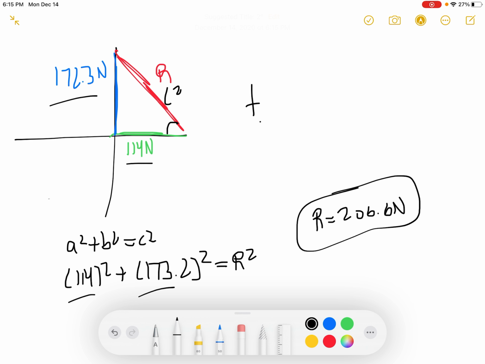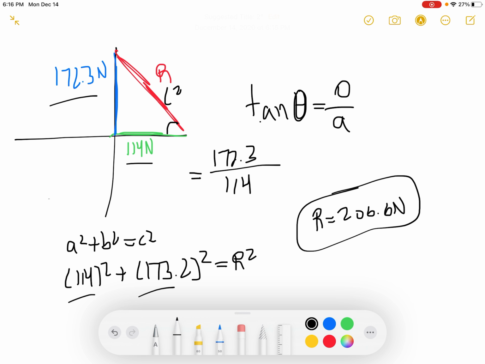So tangent of angle theta equals opposite over adjacent. That would be 172.3 divided by 114. But that's not the answer, because after we would do that, we would just get that the tangent of the angle equals that. That's not what we want.